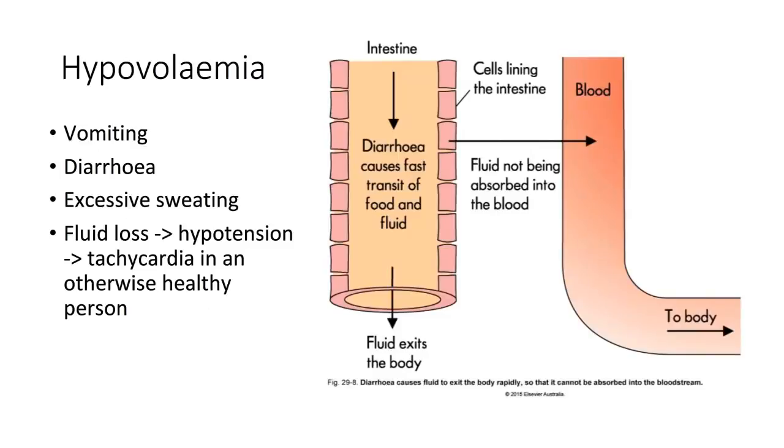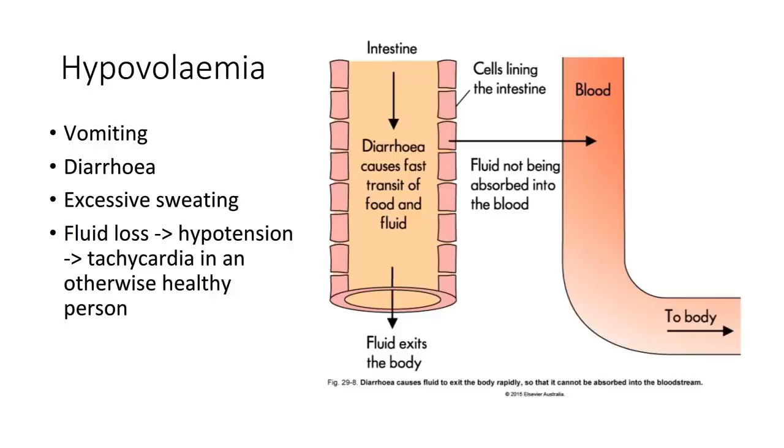Now, hypovolemia, where we don't have enough fluid, tends to be the result of diarrhea. So we're losing huge amounts of fluid with the feces out through the bowel. Or vomiting, so we're losing fluid through the act of vomiting. You can see excessive sweating.